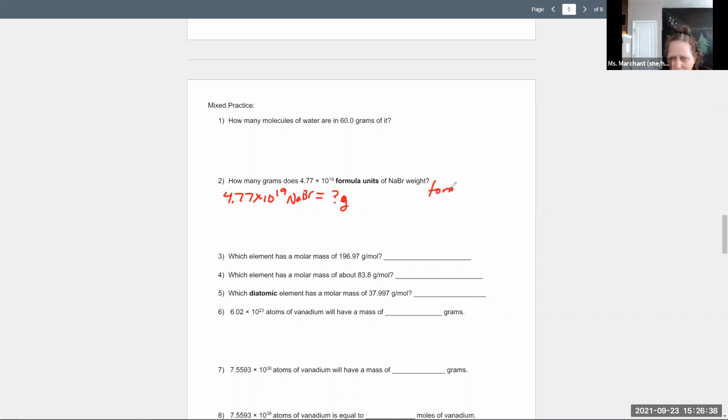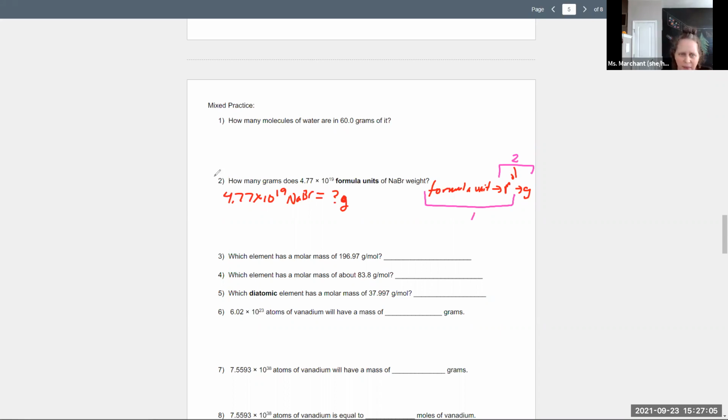So I have formula units as my known and my grams as my unknown. Do I see moles? Nope. Moles goes in the center. So that means conversion 1 is between formula units and moles. Conversion 2 is between moles and grams. So moles is going to be on offense for the first equation and on defense for the second equation.